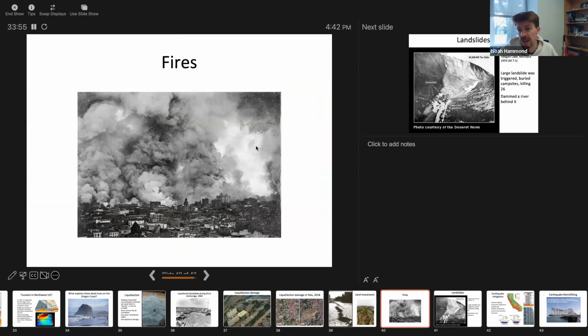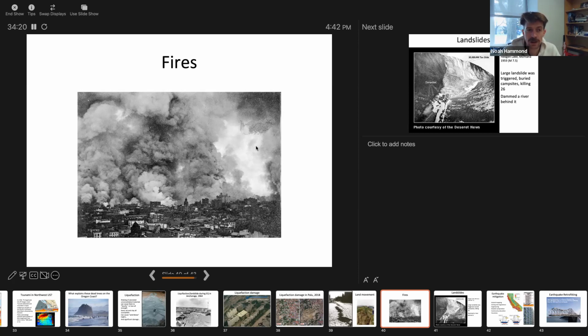And the other thing that can happen, and this is more of a human-made disaster, is that fires can also be generated by earthquakes. If gas lines rupture or electrical lines break, right, it can cause massive fires. And so this is an image of San Francisco in 1906.